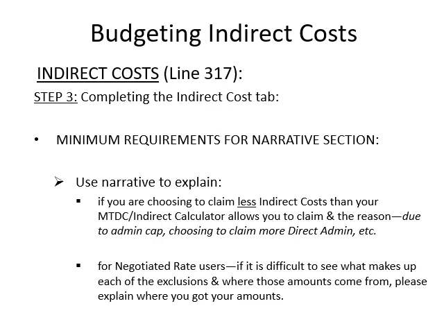Since you have an admin cap, if you choose to not utilize all the allowable indirect, we need a little explanation here so that we know that you didn't just make a math error and not claim everything that you're allowed to. For negotiated rate users, if it is difficult to see what makes up each of the exclusions and where those amounts come from, please explain them clearly here and where you got the amounts. That'll avoid us having to come back and ask you follow-up questions.